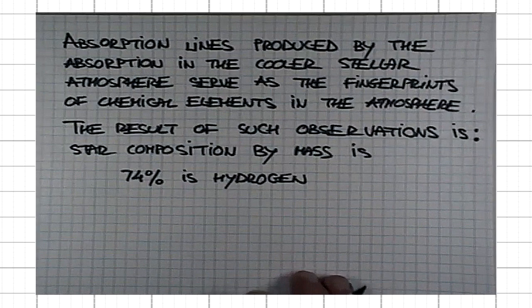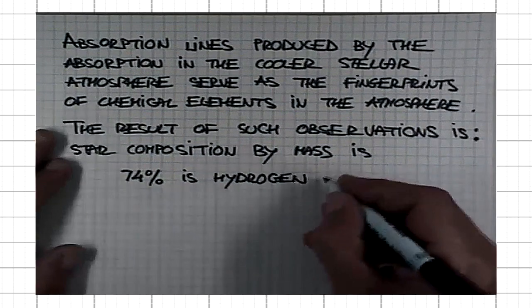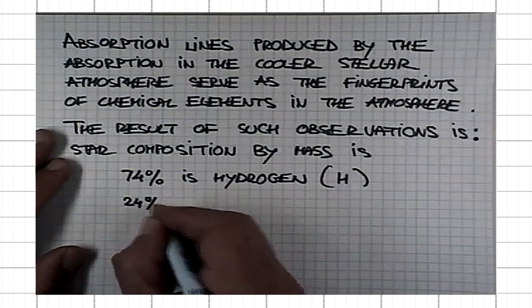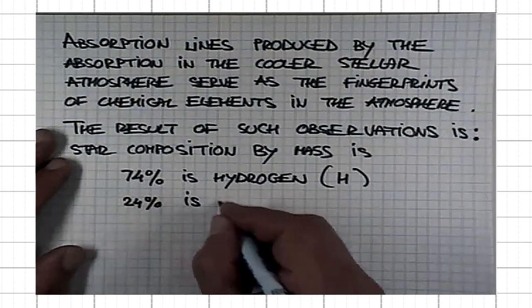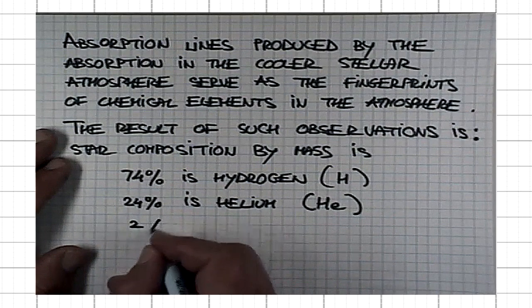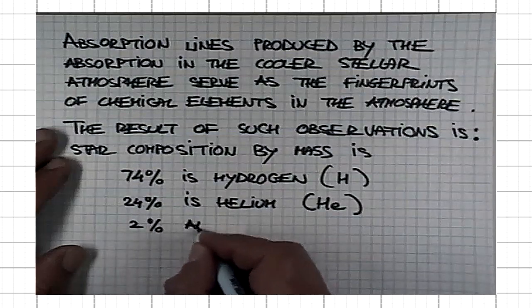Its nucleus is just one proton, and it has one electron moving around the nucleus. Then 24% is helium, and 2% all other elements.